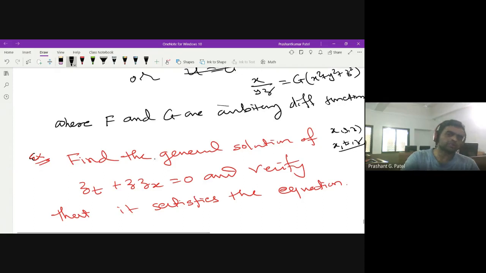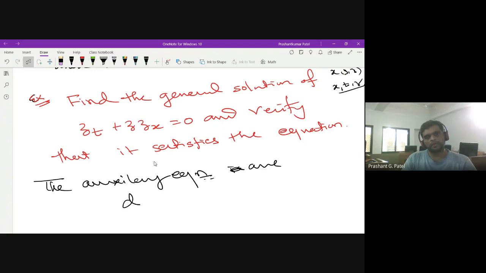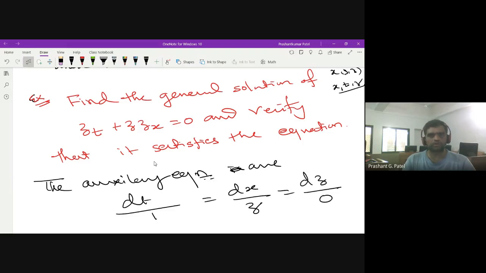So the auxiliary equations we have are dt upon the coefficient of z_t, which is 1, equal to dx upon z, and dz upon 0, because on this side it is 0.